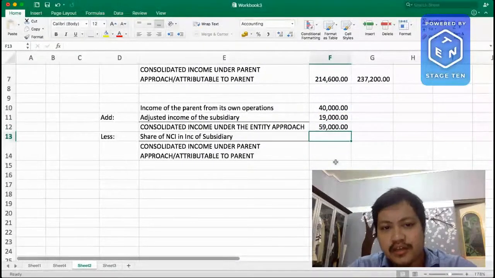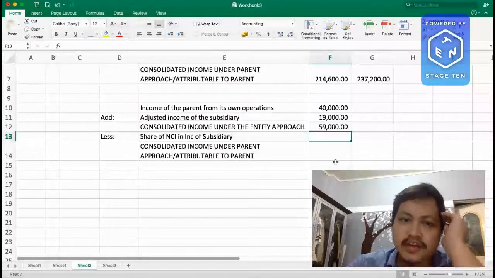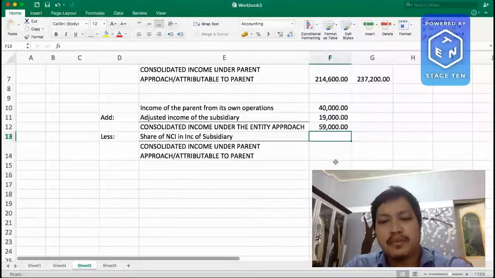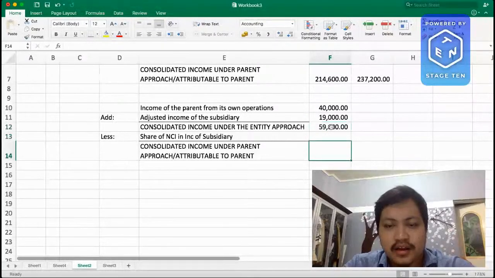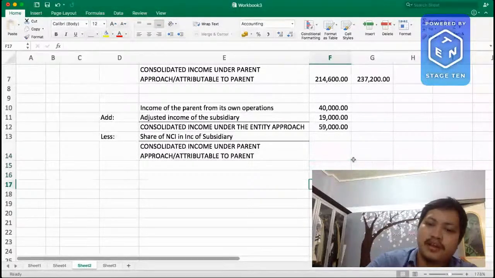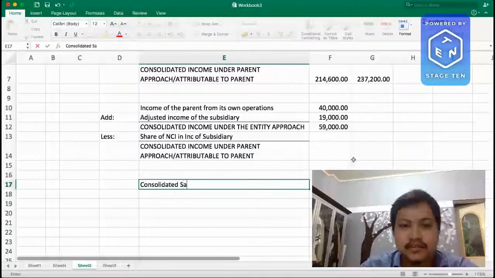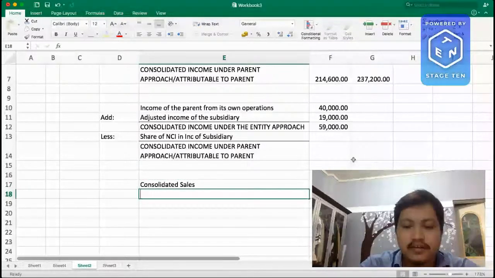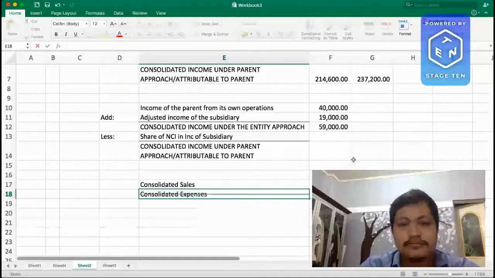Now we just have to deduct the share of the NCI in the income of the subsidiary to get your consolidated income attributable to parent. But before that, I want to demonstrate to you that another way of getting your consolidated income under the entity approach is by solving for your consolidated sales and your consolidated expenses.